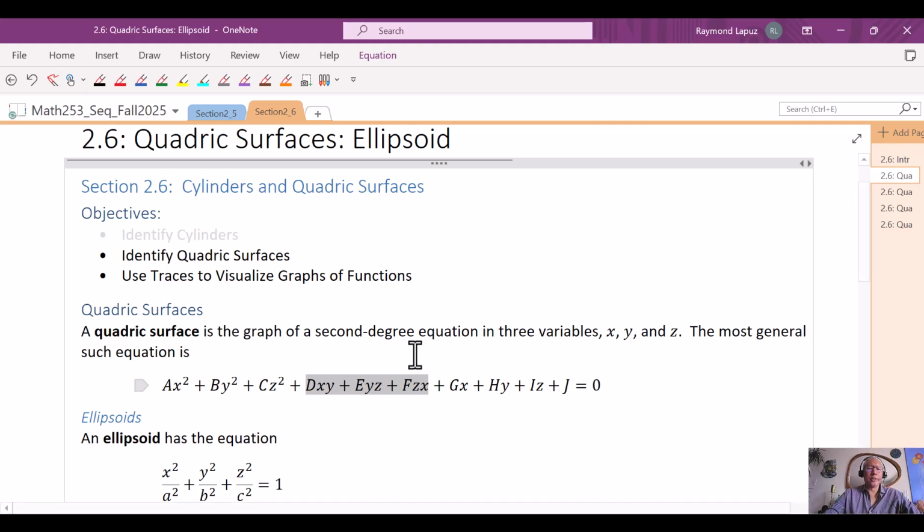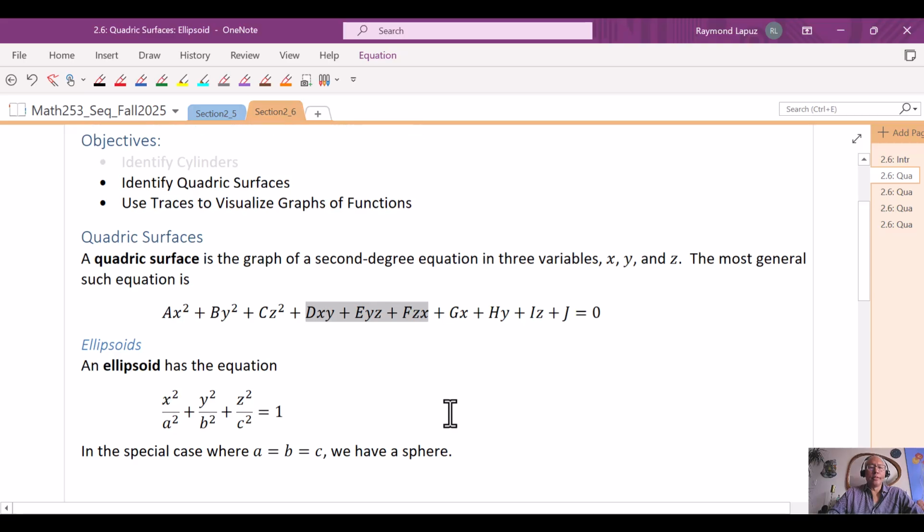So I encourage you to type in a bunch of different numbers for a, b, and c, d, e, f, g, h, i, j, and see what kind of surfaces you come up with, and vary the signs, positive, negative, and things like that, and see what happens.